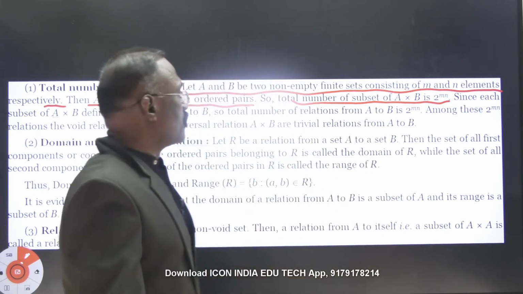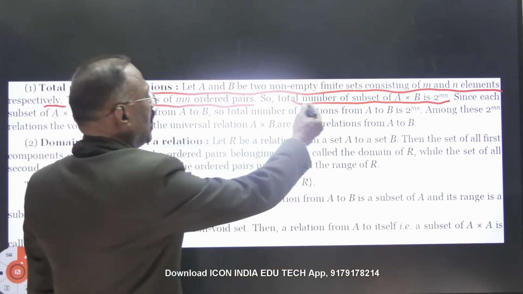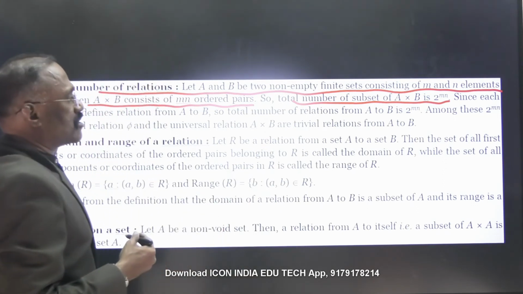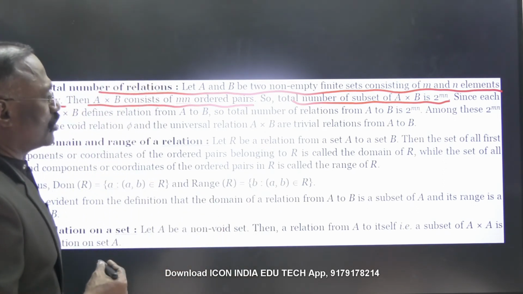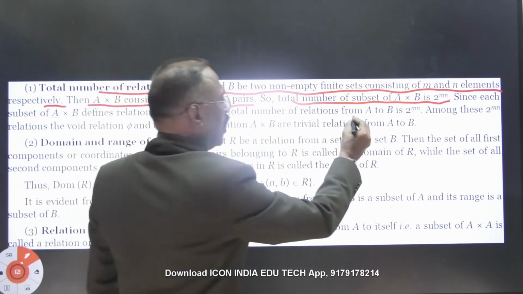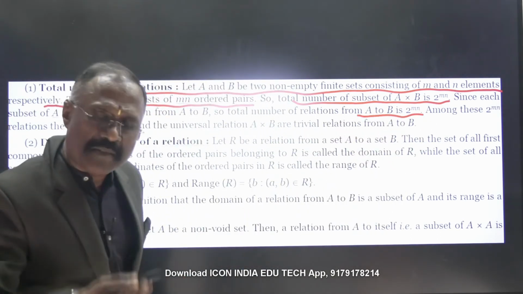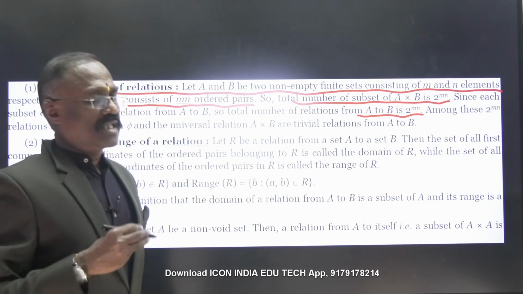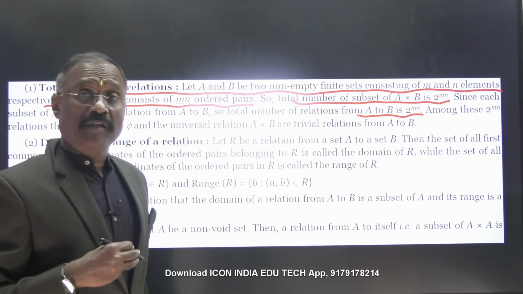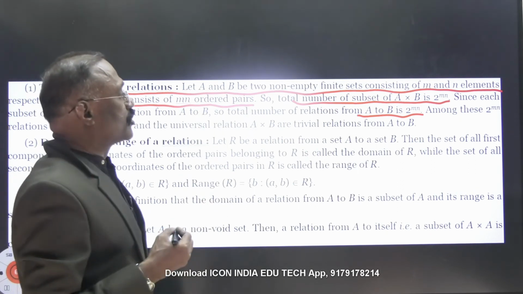Similarly, here also, wherever mn ordered pairs are there, the number of relations that can be formed will be 2 power mn, which is nothing but the number of subsets, because every subset becomes a relation. So 2 power mn relations will be there.